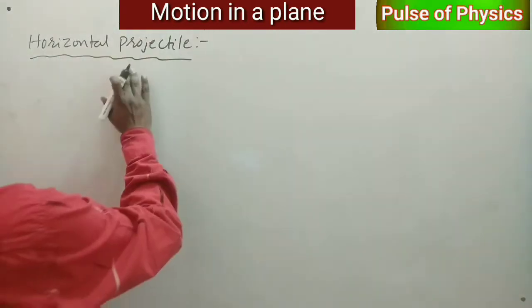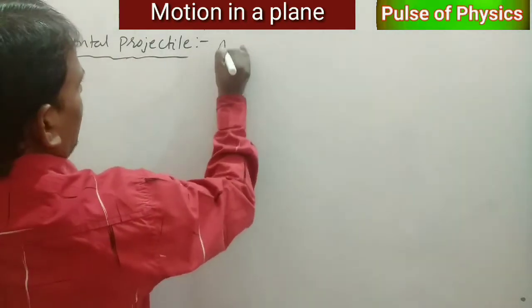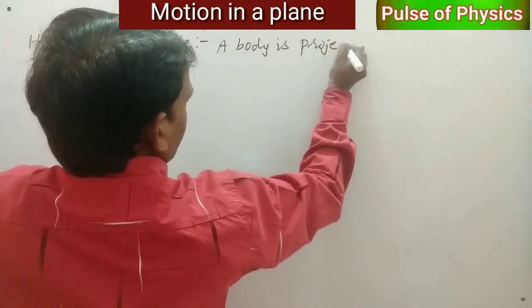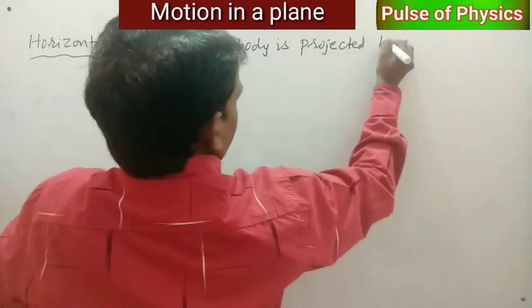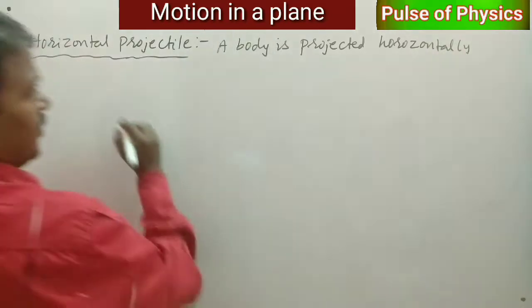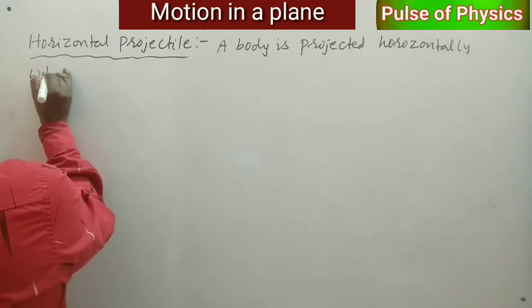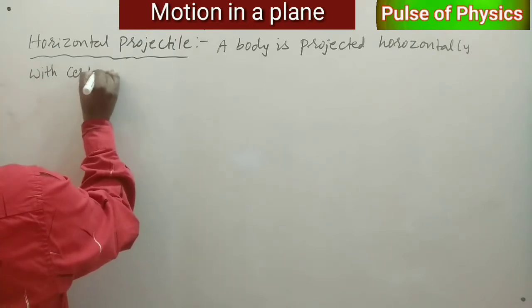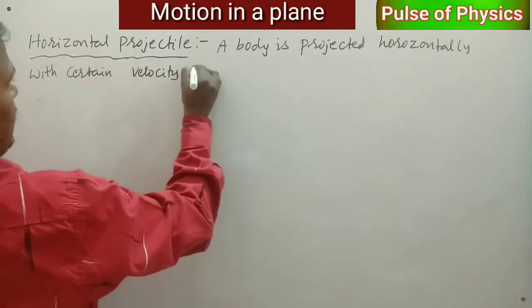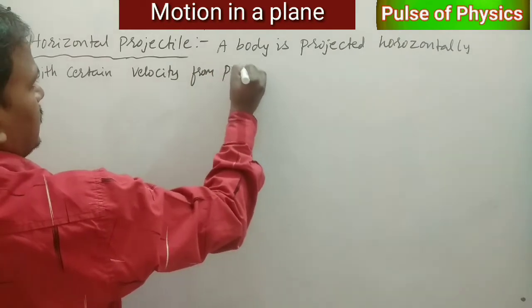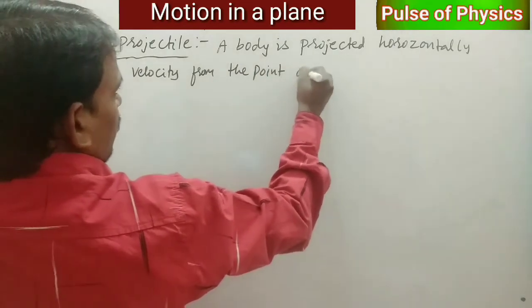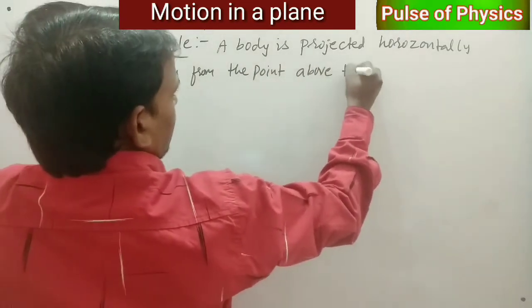Here a body is projected horizontally with certain velocity from the point above the ground level.